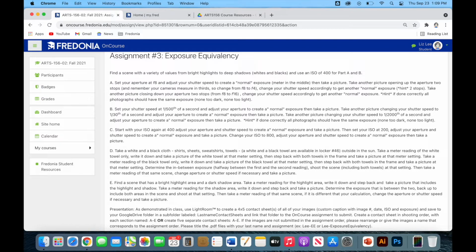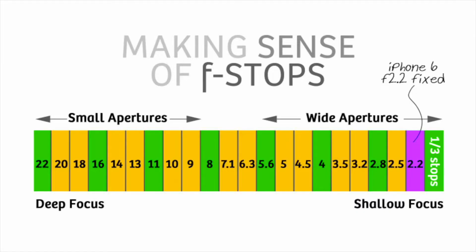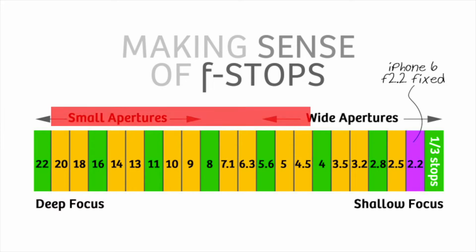Then you find the middle. So we had F4 and F22. F4, F22. 1 stop, 2 stops, 3 stops, 4 stops, 5.